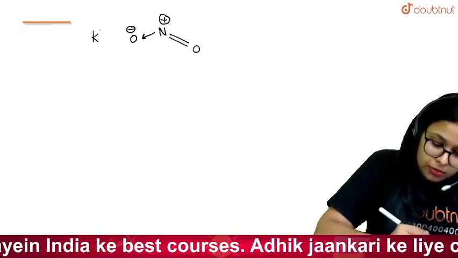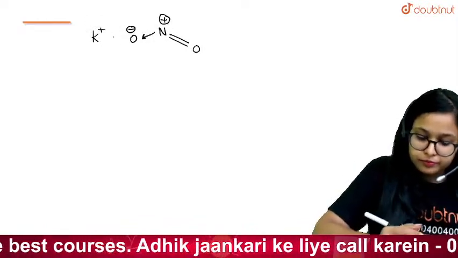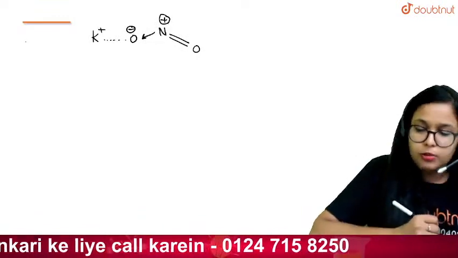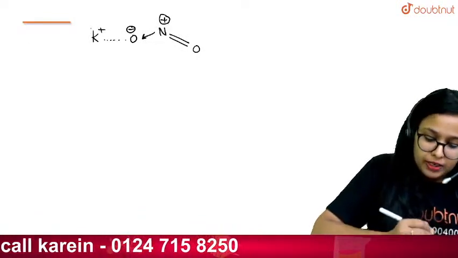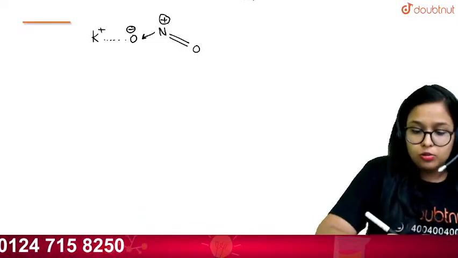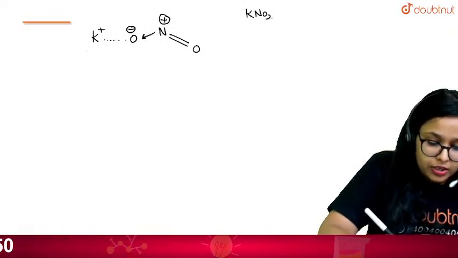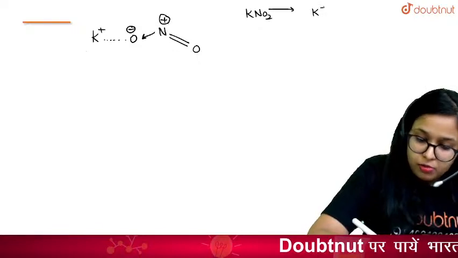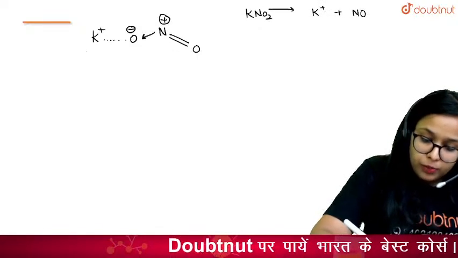Now if I talk about K positive, the simple thing is that K positive is bonded with your O minus ion, and whenever KNO2 is released in water, it ionizes in the form of K positive and NO2 minus.